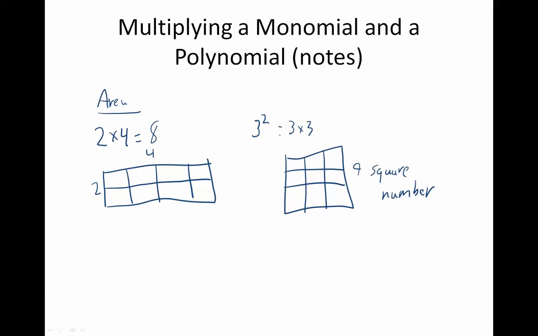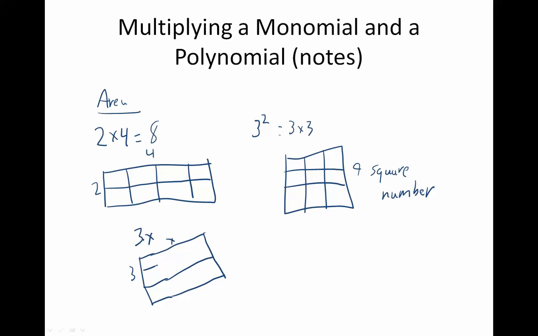Now, when we're multiplying these together, we want to think of it as an area again. The problem is we're not dealing with a whole number. When we do something like 3x, this is a multiplication problem, 3 times x. We're taking 3, which is like this. We need 3 of those. And we're multiplying it by some length x, and I don't know what length x is.